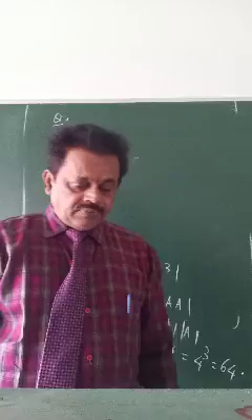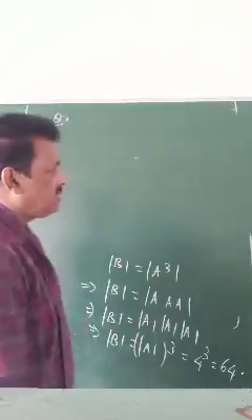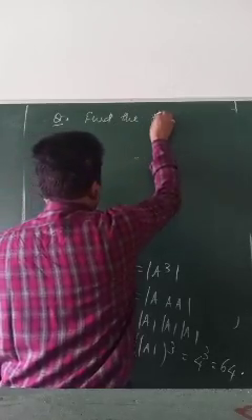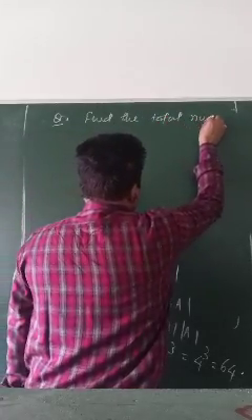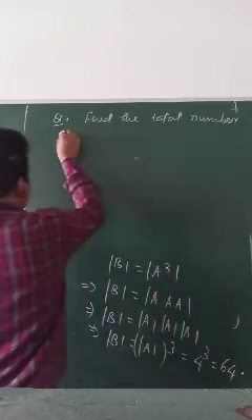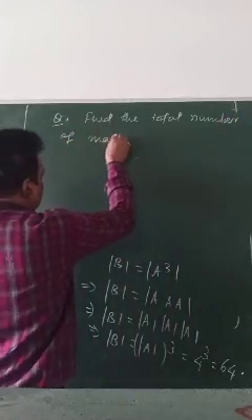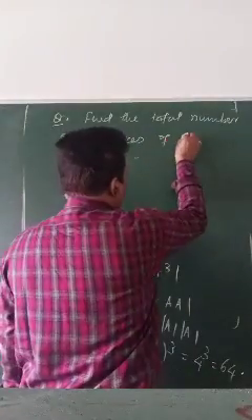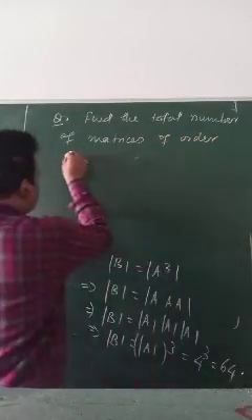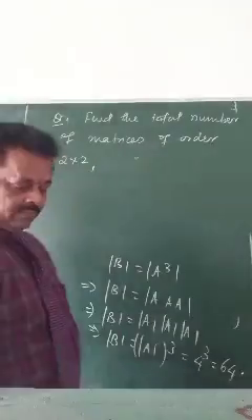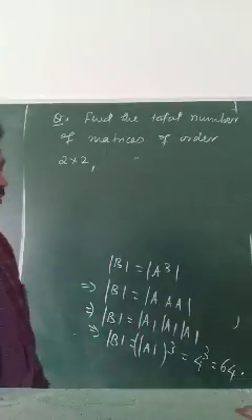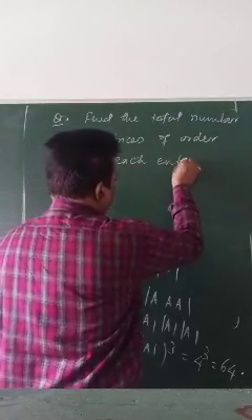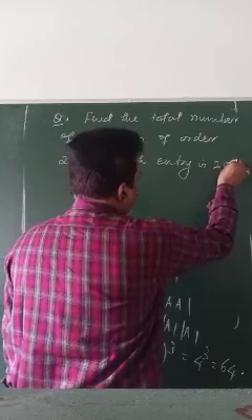Similar question: find the total number of possible matrices of order 2 cross 2, where each entry is 2 or 0.